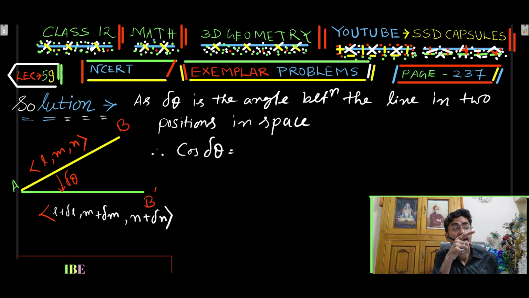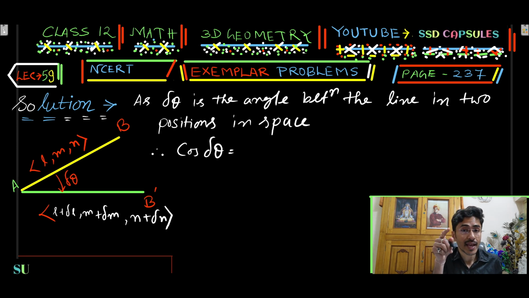But here l, m, n and l plus delta l, m plus delta m, and n plus delta n are direction cosines. So the denominator part will become 1.